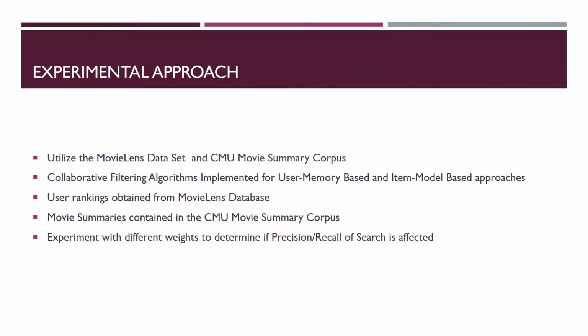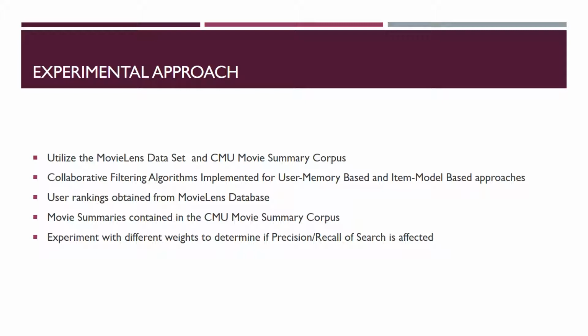And that brings me to the experimental approach for this project. The MovieLens dataset as well as a CMU movie corpus are used. Collaborative filtering algorithms are implemented in Java for user memory-based and item model-based approaches. User rankings are obtained from the MovieLens database, and movie summaries are obtained from the CMU movie summary corpus.